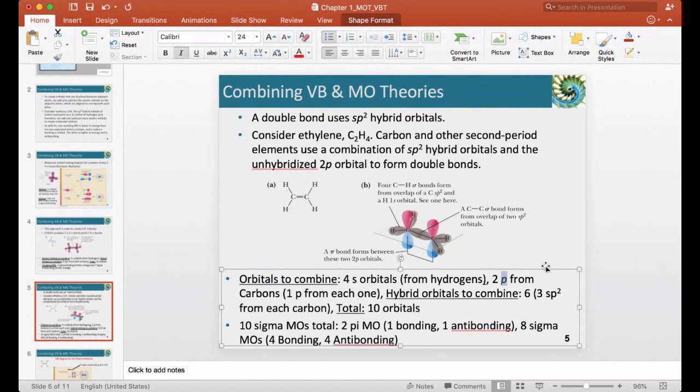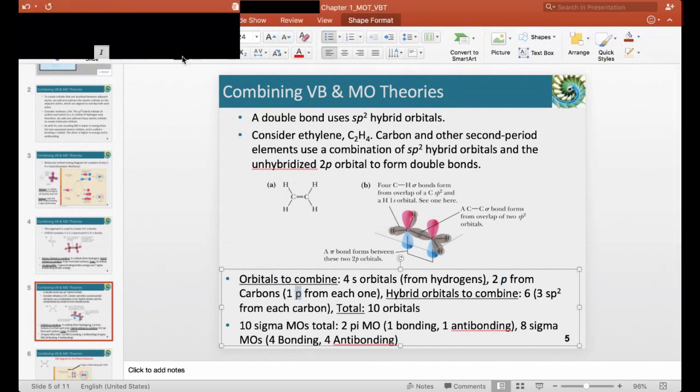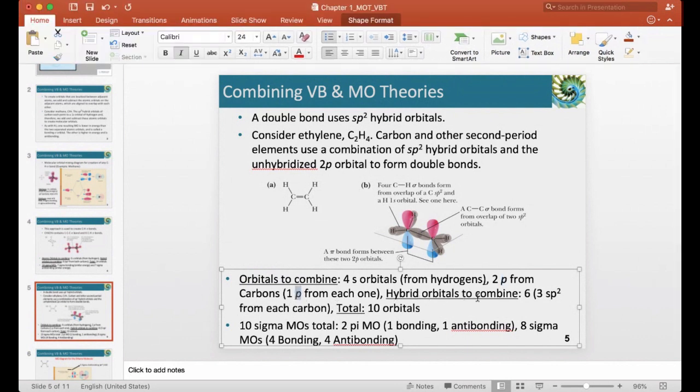Those are the p orbitals used for the pi bond, one from each one, of course. And there are also the hybrid orbitals from both carbons. Each carbon is sp2, so each one has 3 sp2 hybrid orbitals, for a total of 6 sp2 hybrid orbitals.